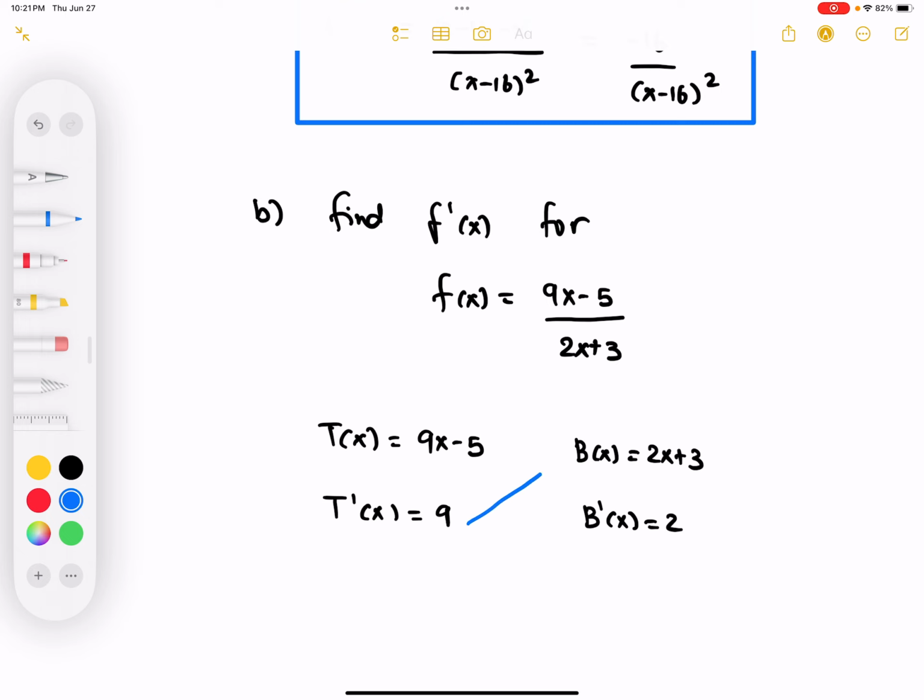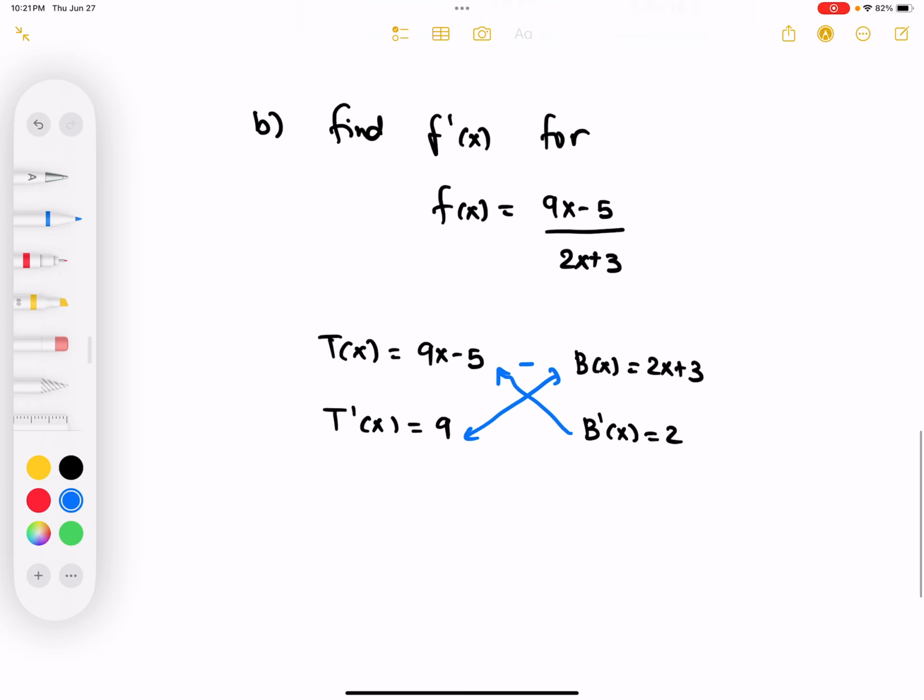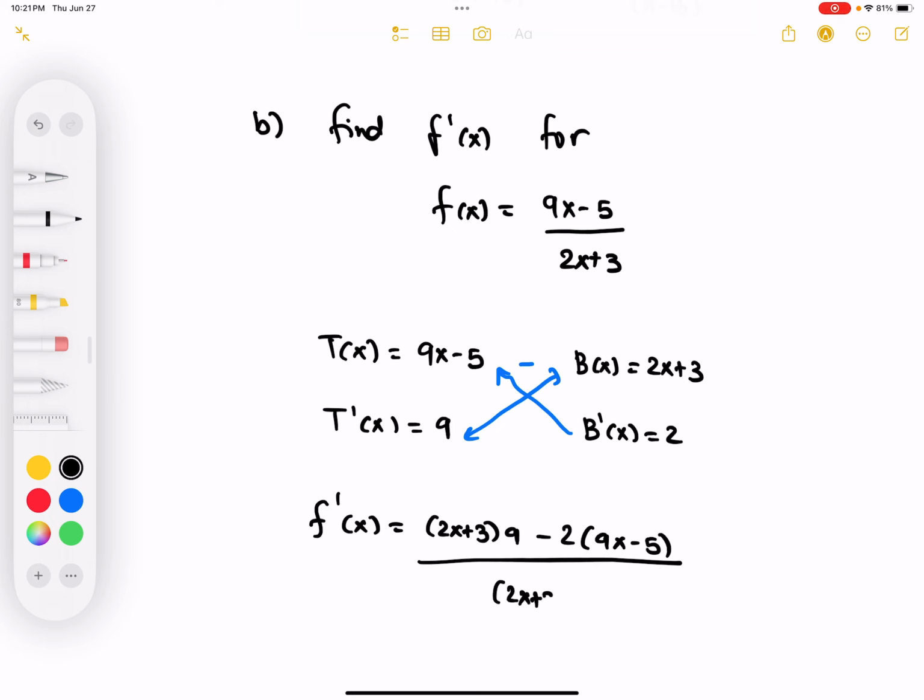Multiply this one by this and this one by this, but make sure that it is minus, and divided by the square of the bottom function. Therefore, the derivative is given by 2x plus 3 multiplied by 9, or 9 times 2x plus 3 is also possible, minus 2 times 9x minus 5, over 2x plus 3 the whole square.